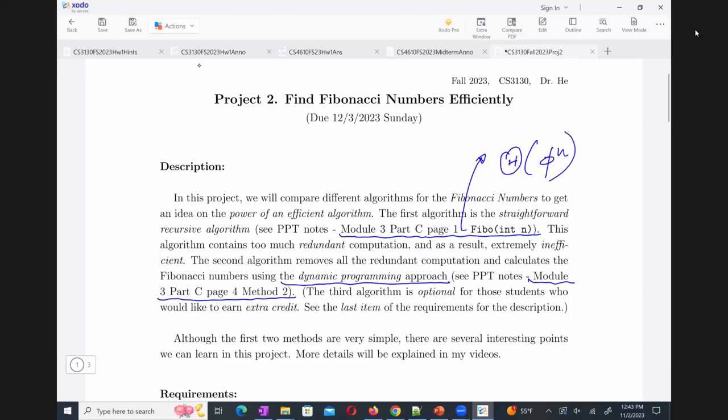Phi, you know, the golden ratio, to the nth power. That's an exponential algorithm. This function, we know, is an exponential function. So people call it exponentially slow.